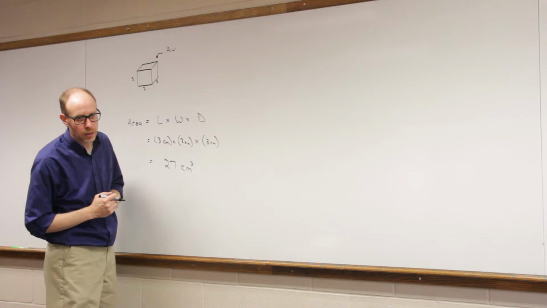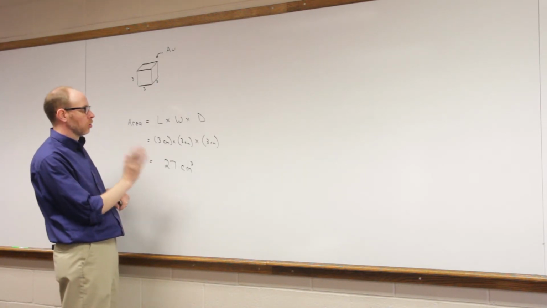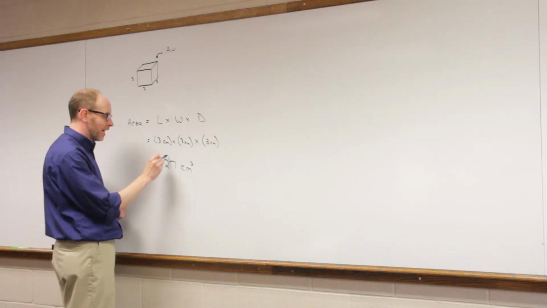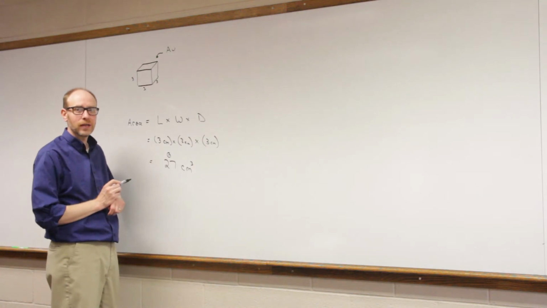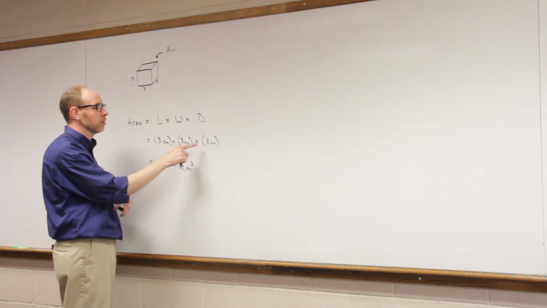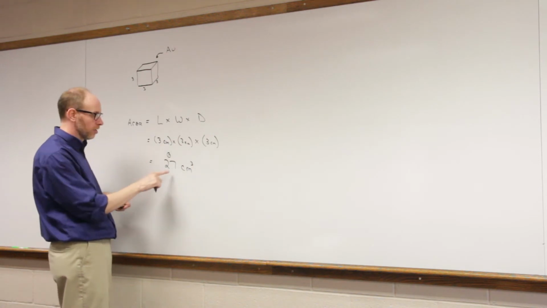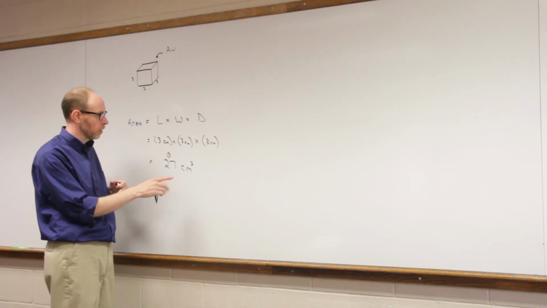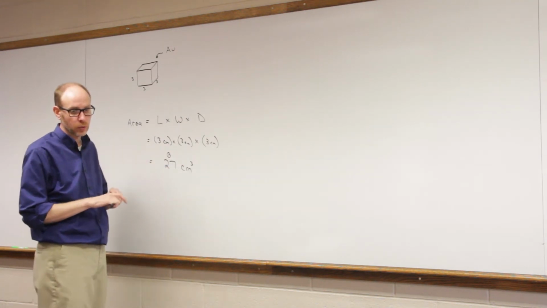Now, looking at significant figures, this would only have one significant figure because the length, the width, and the depth each have only one significant figure. So remember how I talked about not rounding, but carrying the entire number forward, but keeping track? Remember that, because it's going to become important here in a second.